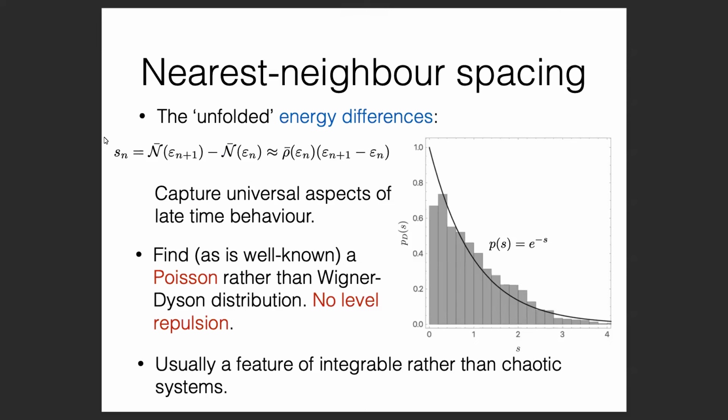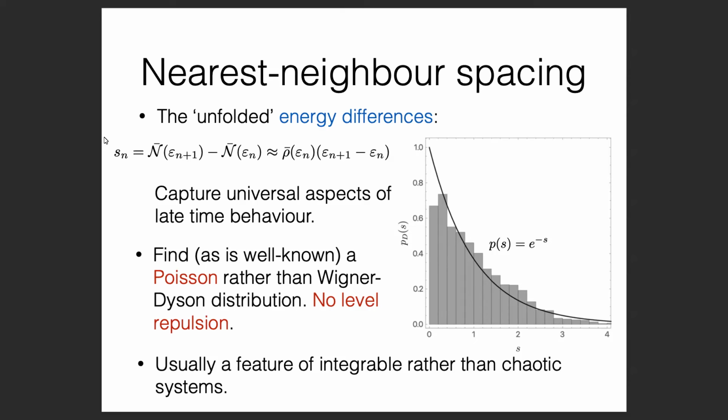So the first thing you can look at is the nearest neighbor spacing. Here you look at the differences of energy. You have 2,000 energy levels. You take all the nearest neighbor differences, you scale them in a natural way, and then you bin them. What you get in this case is a Poisson distribution.